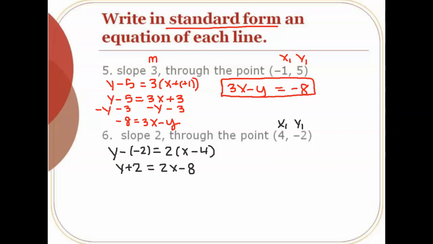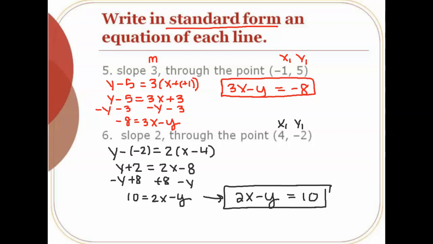Then we're going to get x's and y's on one side and numbers on the other. So you get 10 equals 2x minus y. And again, to be in standard form, we're just going to use the reflexive property to say 2x minus y equals 10.